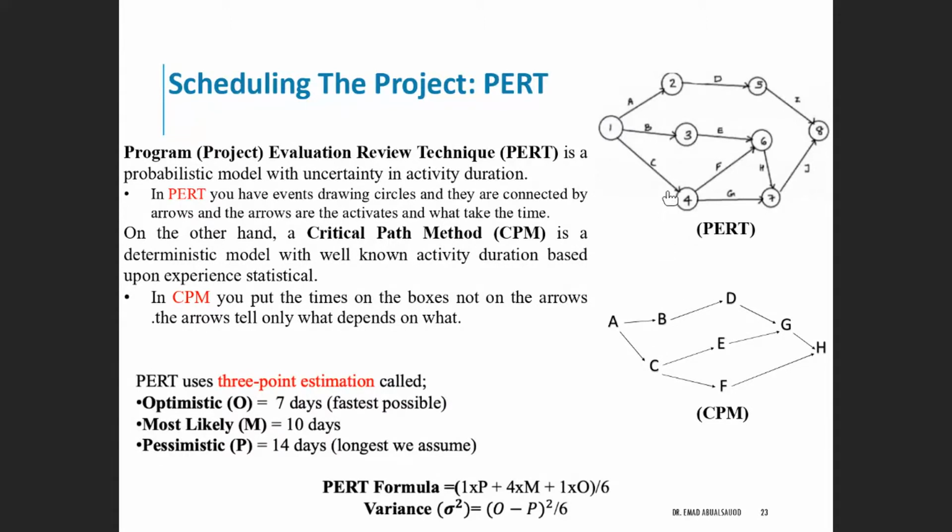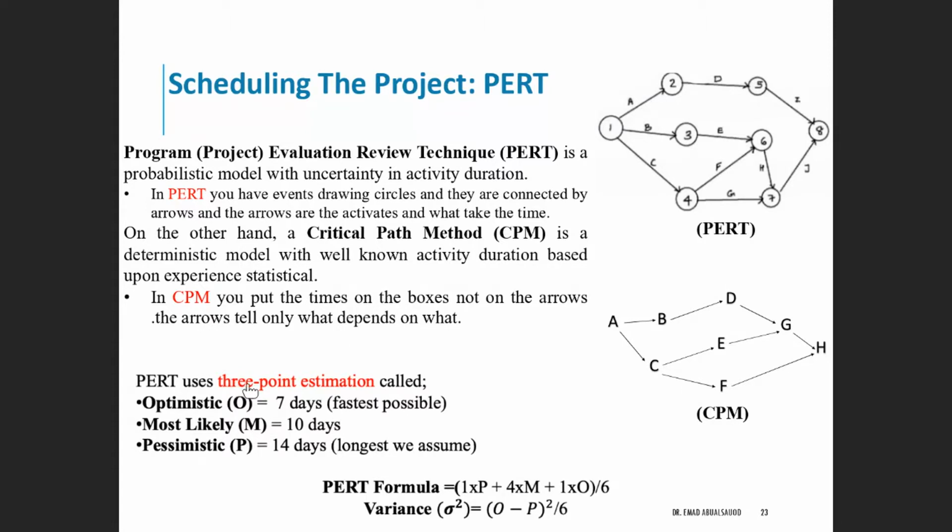Other than that, if you have deliverables, or activities written as deliverables, like a report, a presentation, a model, then you use the PERT. This is just in general the difference between them. This is as much as you need to know here about the difference between them. But we will cover PERT, how to do it and how you use it in doing the analysis.